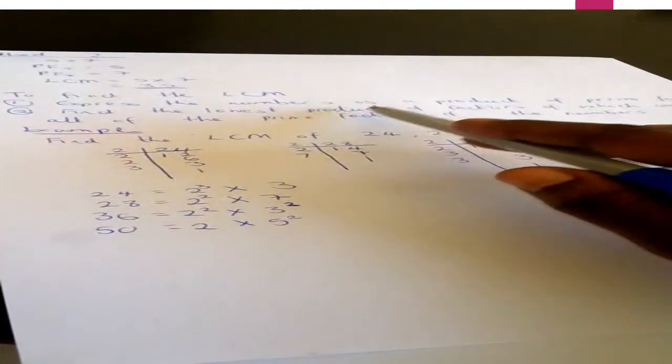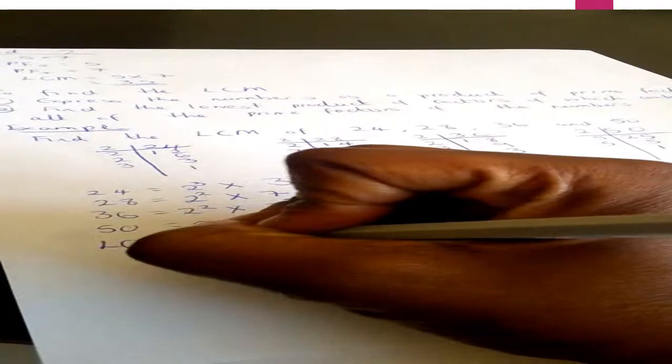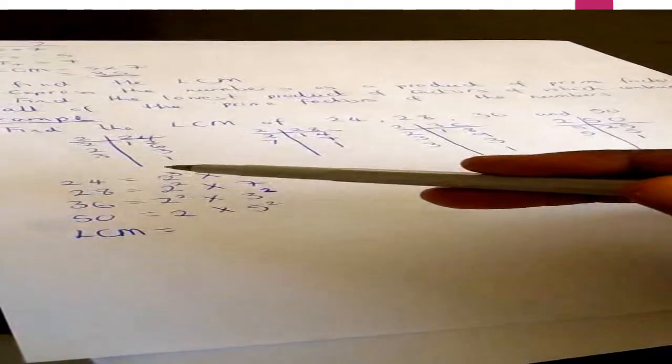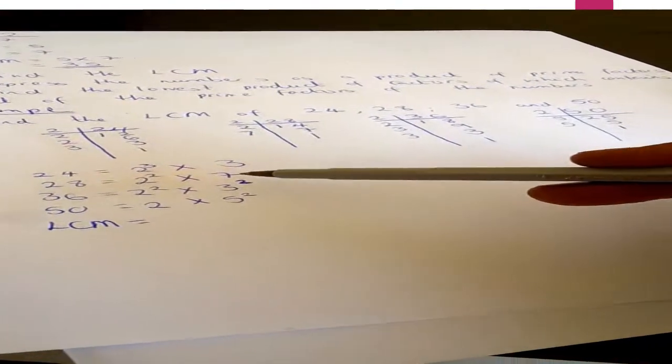So step number 2, we said find the lowest product of factors which contains all of the prime factors of the numbers. So now we write the LCM is equal to, okay, what are the prime factors of all the numbers? There is 2, there is 3, there is 7, and there is 5. So we will write the first number first.